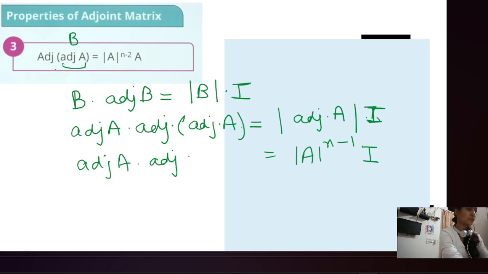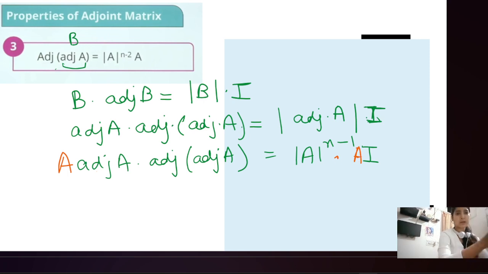Now here, what we are getting, this right as it is, adjoint of A, adjoint of adjoint of A. Okay. Now what we can do, multiply A on both the sides. Why are we multiplying A here? Because this is a constant, it will come out and then we can multiply A. So we know that A times adjoint of A is equal to determinant of A times I. This is the first property.